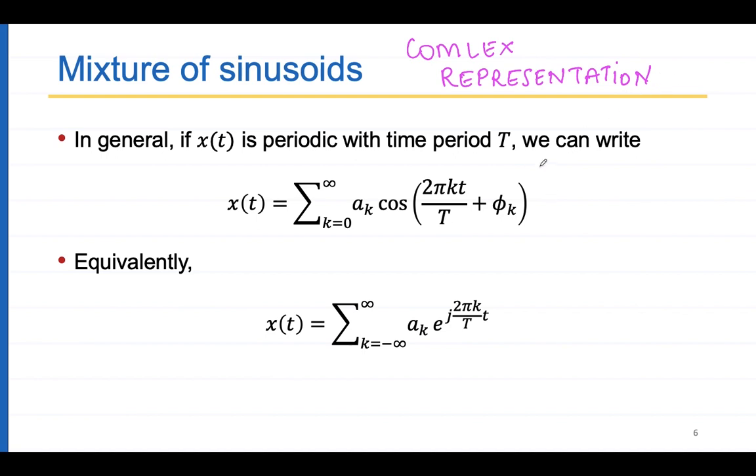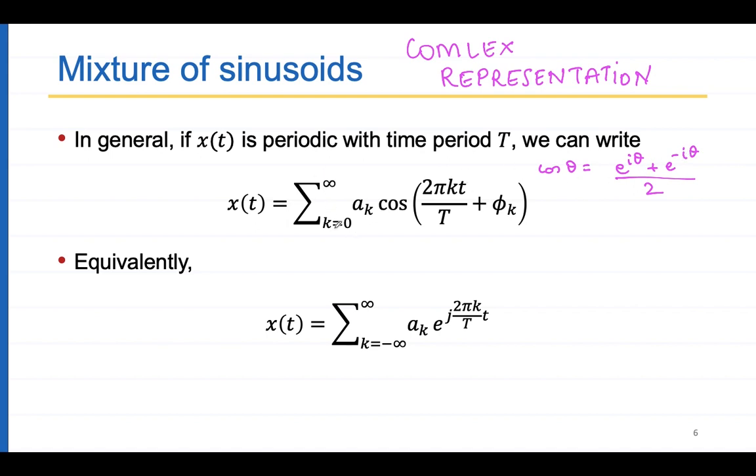You know that cos θ is equal to e^{iθ} plus e^{−iθ} divided by 2. So I replace this cos with that form. So I get a_k times e^{iθ} plus e^{−iθ}, because there is a negative sign also there.